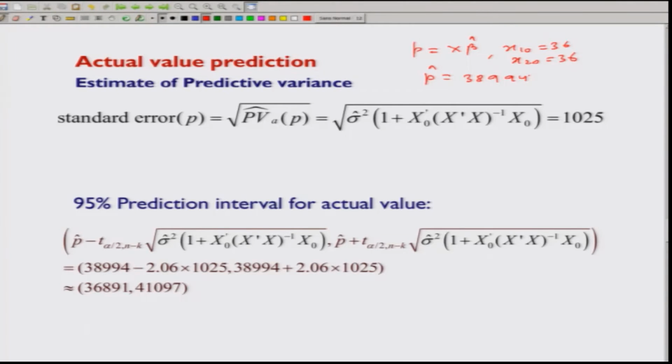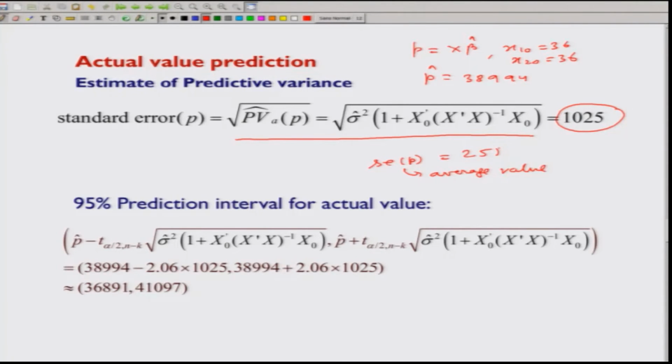Now, when we try to find out its standard error, this we had obtained earlier. So now substituting the value of x naught, x and sigma square hat, we compute this standard error as 1025. So now you may recall that the standard error of p in the case of average value earlier was 251.